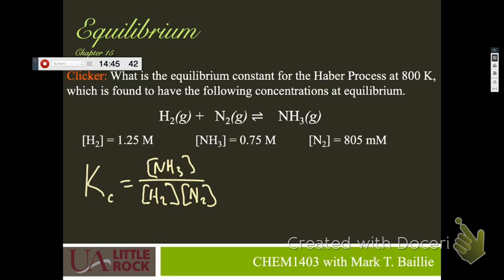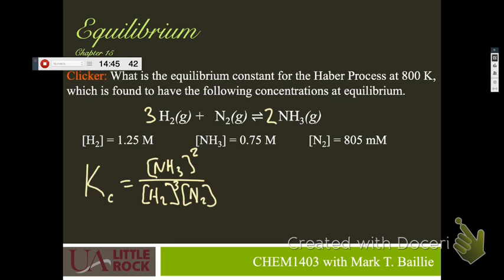As you're typing in those numbers, can someone tell me what I need to do to modify my Kc expression here? If anyone's done, Ruby? You have to square the value for the concentration of NH3 and cube the H2.